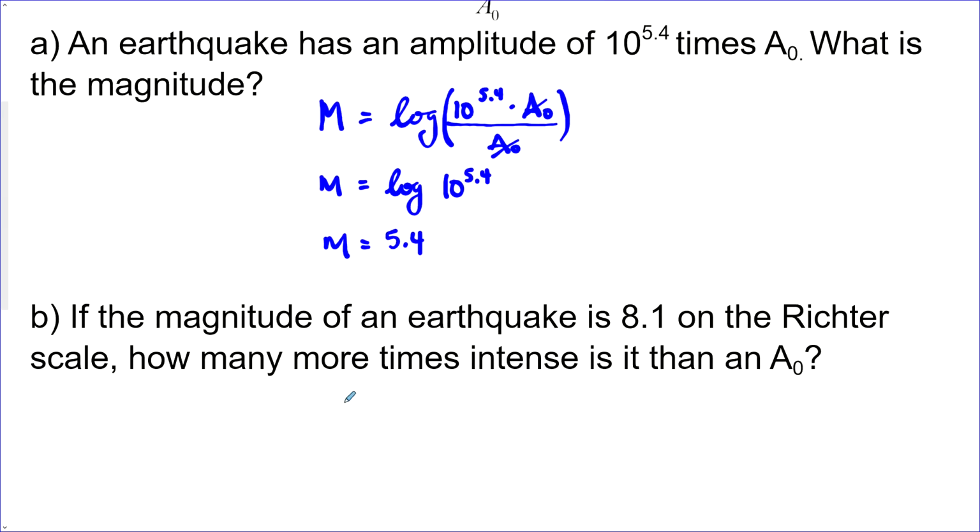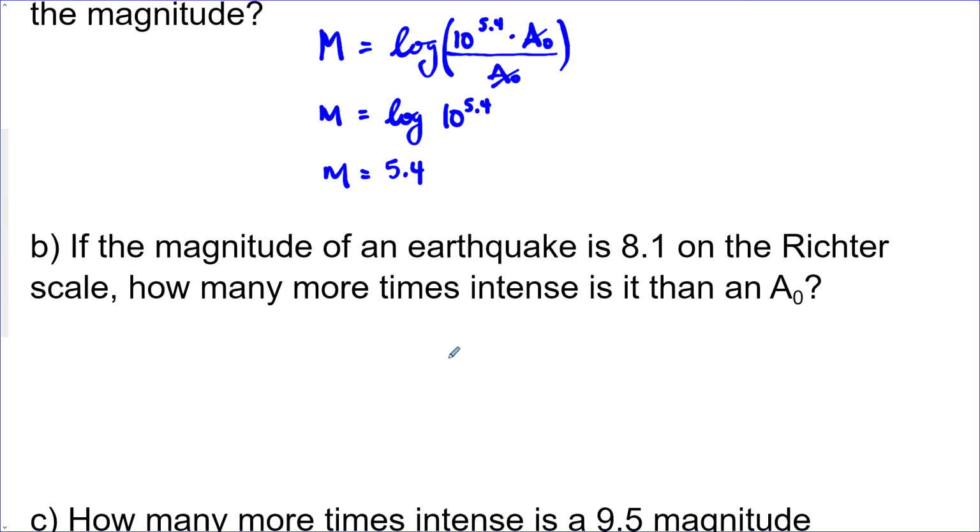If the magnitude of an earthquake is 8.1 on the Richter scale, pretty intense earthquake, how many more times intense is it than A0? So here's the magnitude of 8.1. And this time, you need to find how many more times intense is it. So let's find this A value here.